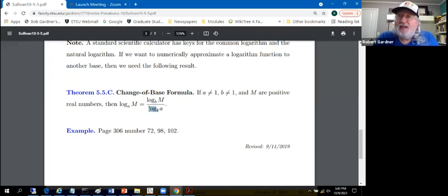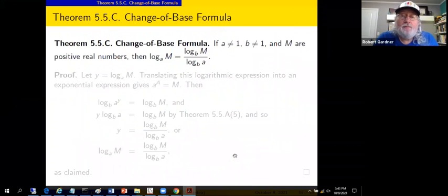Or we could let b equal 10 and let these both be common logarithms. There's a button on the calculator for log base 10 and log base e. So this is how we could calculate logs to other bases. We could use the natural log function in this little formula.